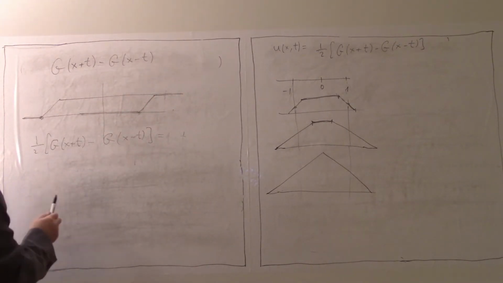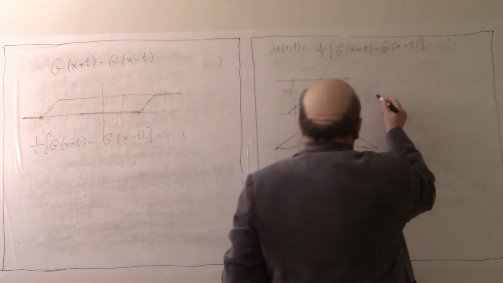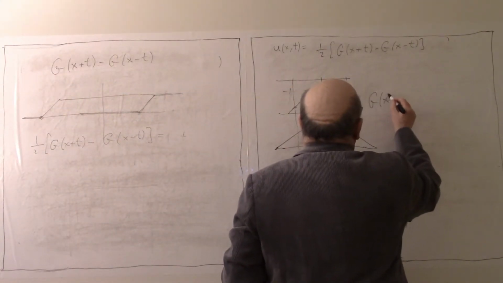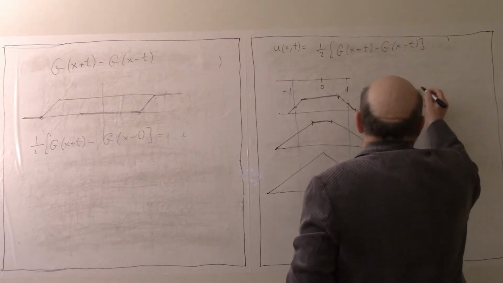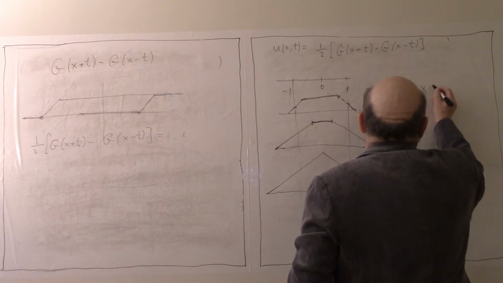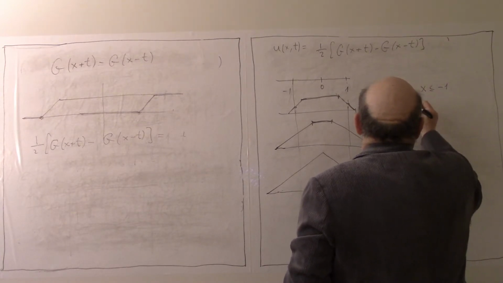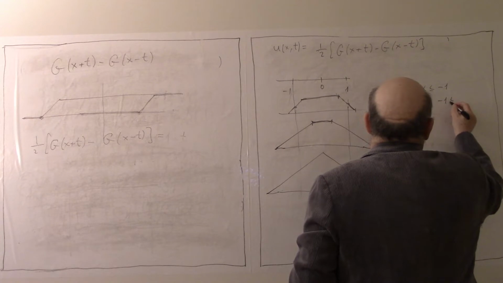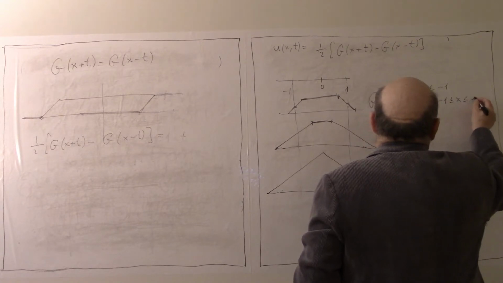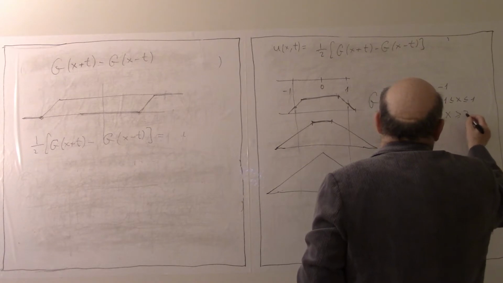So let me remind, g of x equals 0 when x is less than minus 1, x plus 1 if minus 1 is less than x less than 1, and 2 when x is more than 1.